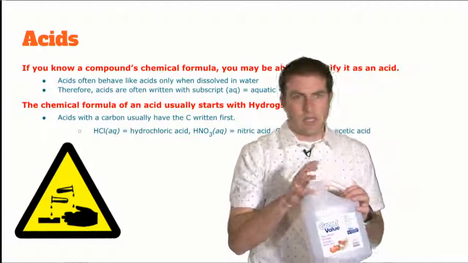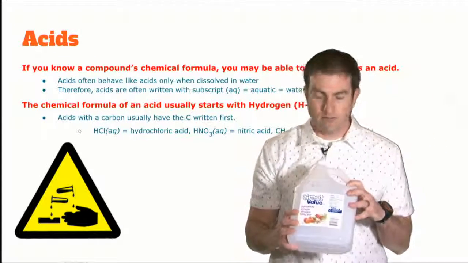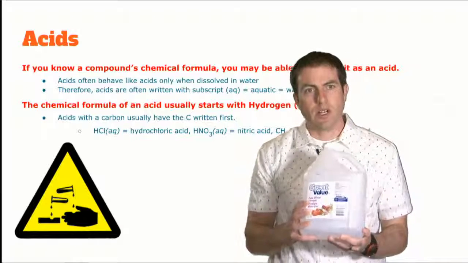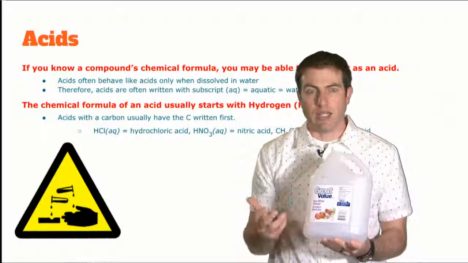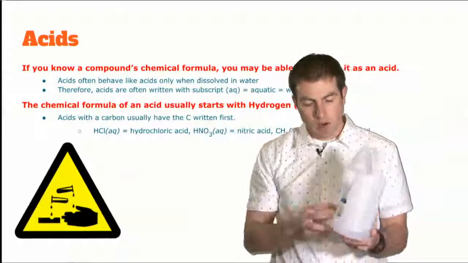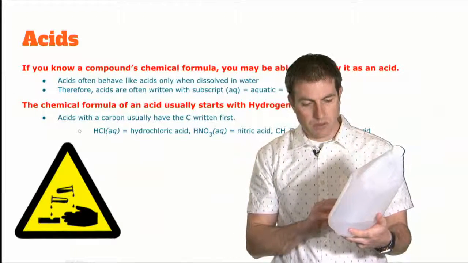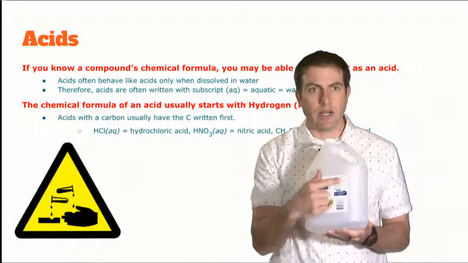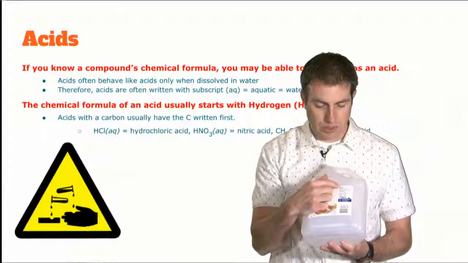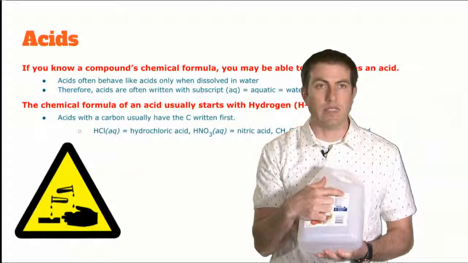So acetic acid is vinegar. If you taste vinegar, it's sour tasting because it's acidic. If you look at the top of your vinegar container, obviously you won't be able to read this, but it says it contains 5% acetic acid.